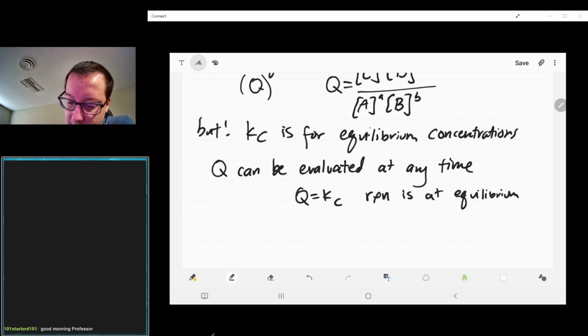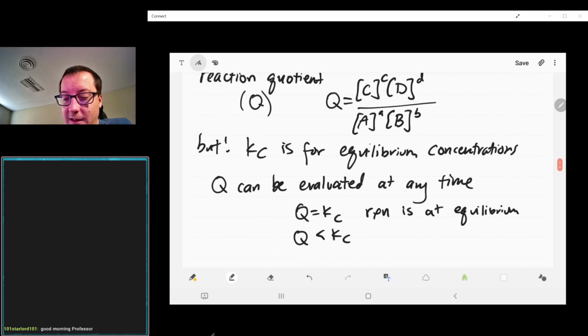If Q is less than Kc, let's take a look at what that's going to mean. If Kc is our normal equilibrium expression, and Q is less than Kc, that means we have two options. Either we have not enough reactants, or we have too many products, or both, perhaps.